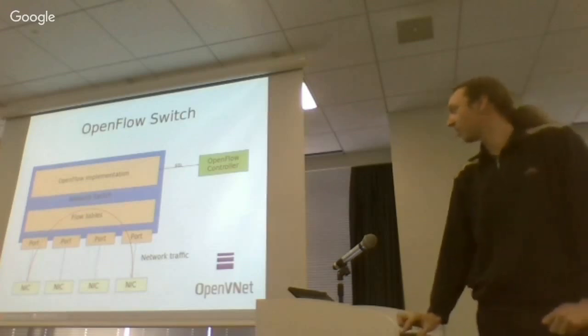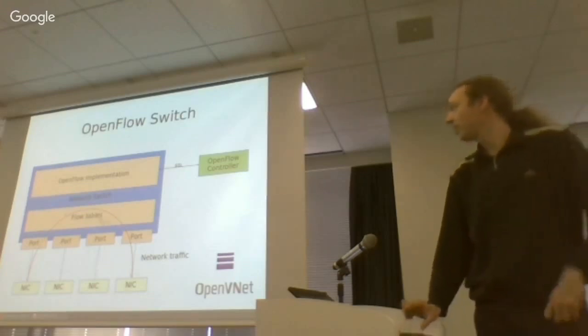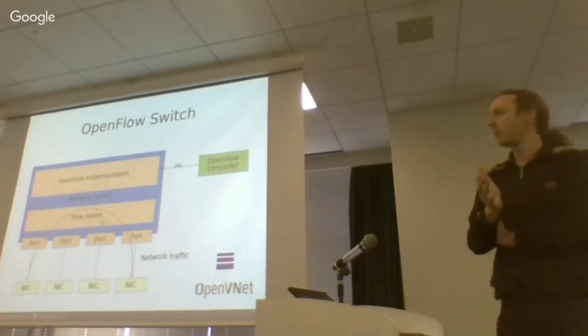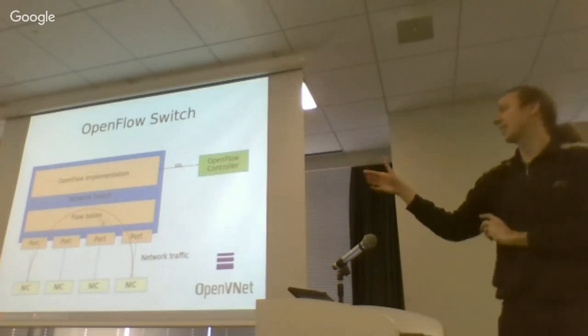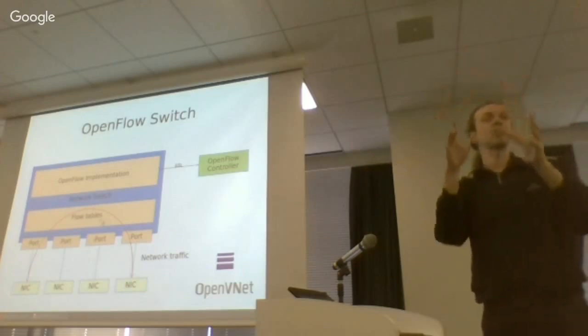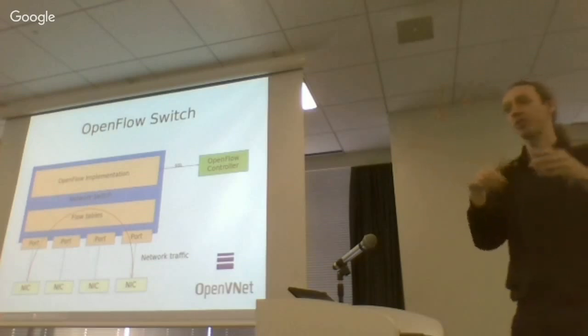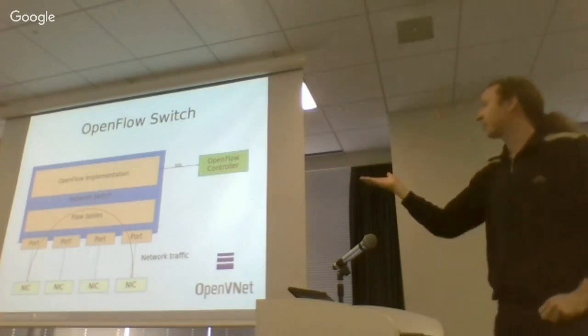And that decision is made in flow tables. Probably different vendors have different names for flow tables, but it's all pretty much the same. A packet comes in, it's matched against a certain number of rules, they look at its metadata, at all the headers, and then make a decision based on that.